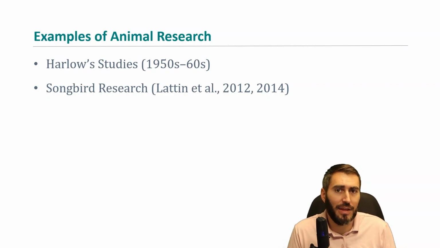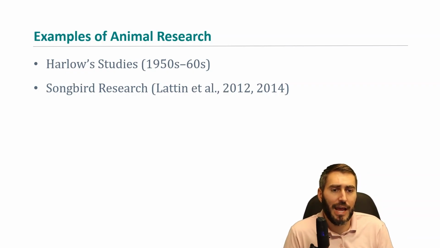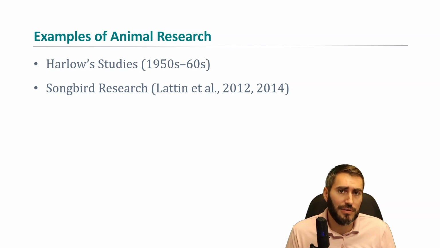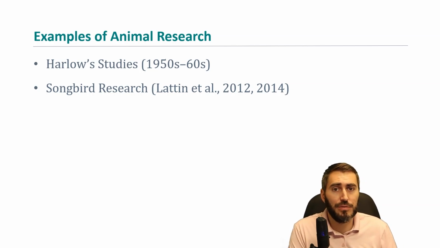Harlow and his team put these monkeys in pretty unethical conditions: isolation, malnourishment, things like that. And these monkeys suffered long-term consequences because of this. So we see these unethical studies and we learn from them and develop new standards moving forward.